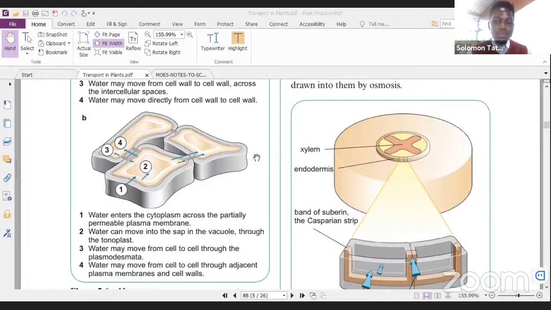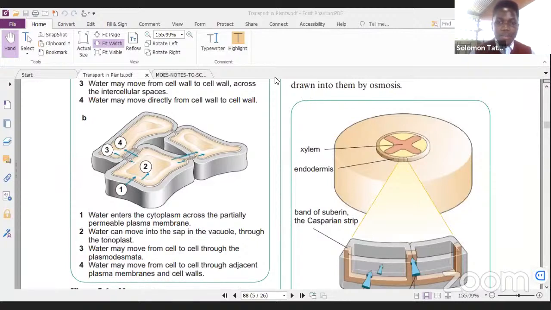Who knows why the apoplast is the best? Impermeable cell wall. Well, water passes through it though.